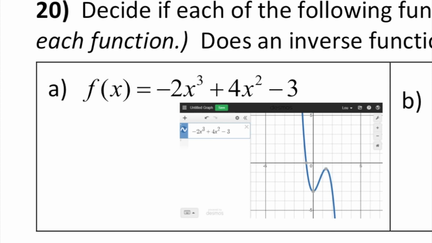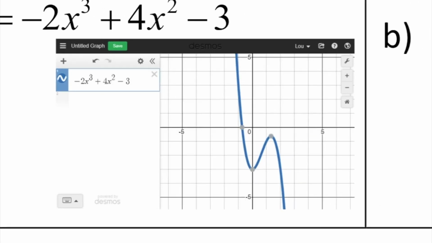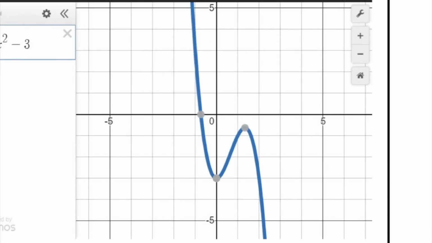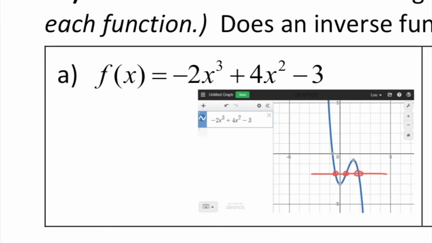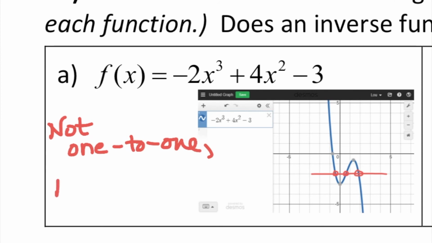And so you can see in 20a that this function does not pass a horizontal line test, and therefore the entire function is not 1-to-1, and therefore no inverse function exists.